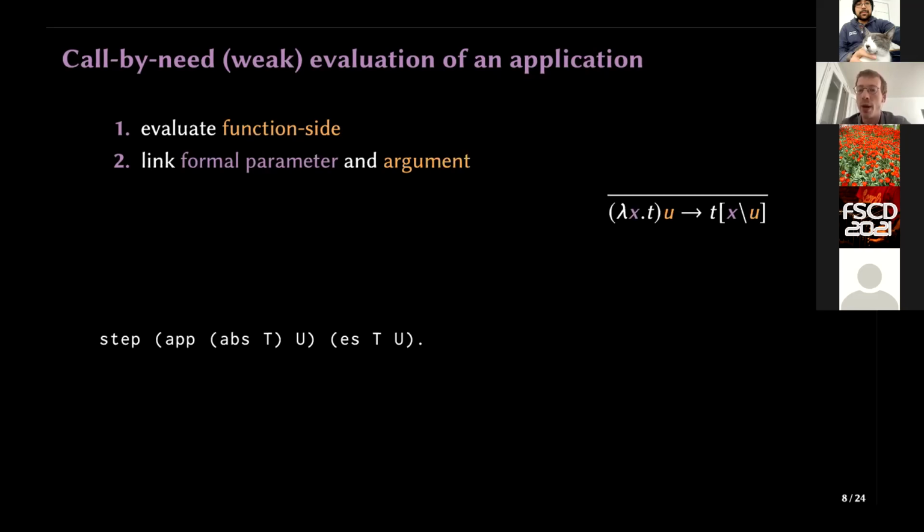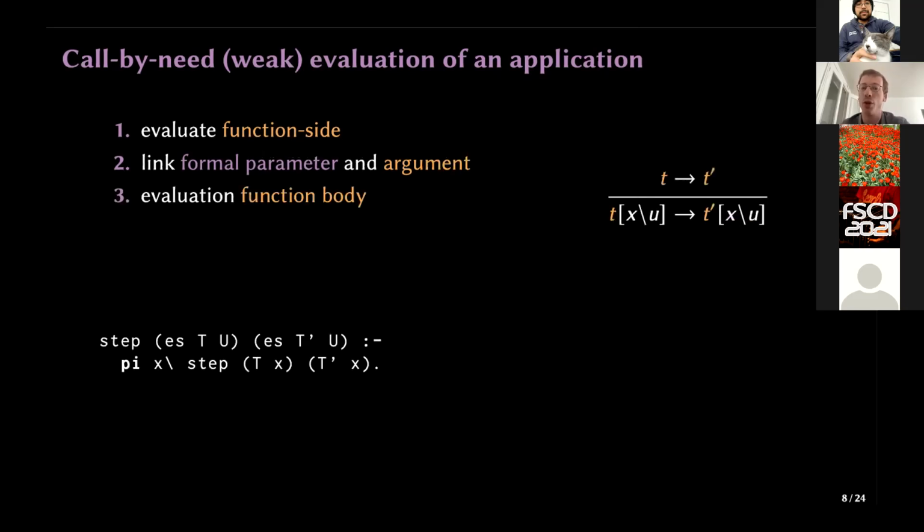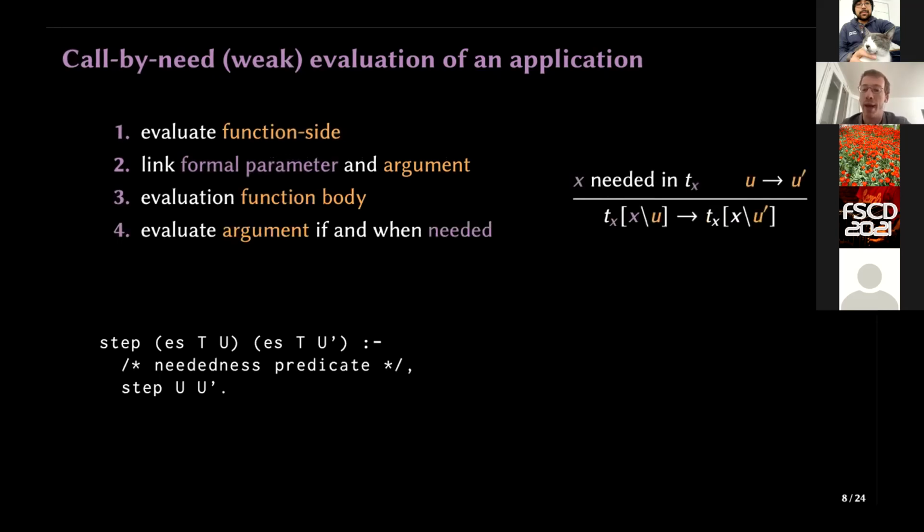Then we do not evaluate the argument yet. We start by evaluating the function body, which is now just a term on the left of an explicit substitution. And if at some point we find an occurrence of the variable x of the substitution, then and only then we will evaluate the argument u.